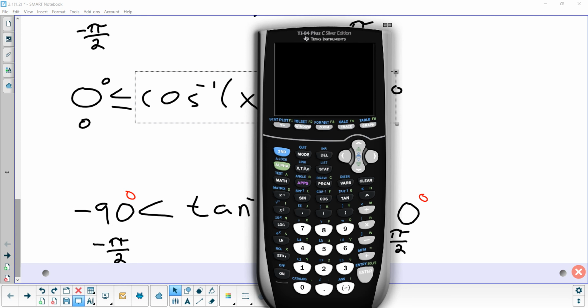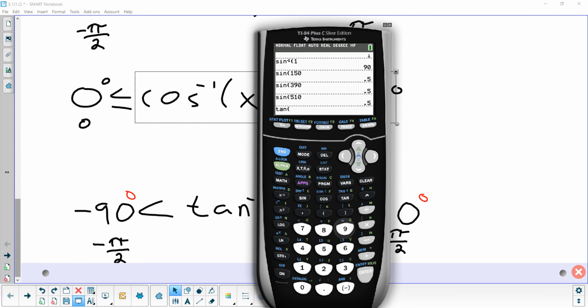Watch what happens on the calculator if I try to take the tangent of 90. It says error. You can't plug 90 into the tangent function. You also can't plug in negative 90. You get an error.